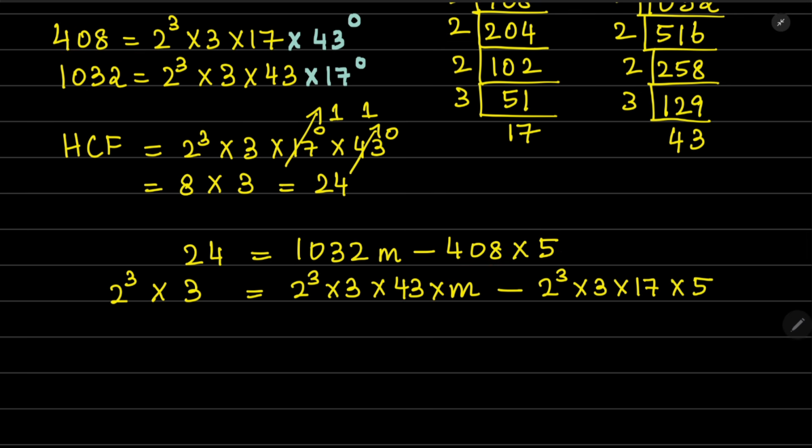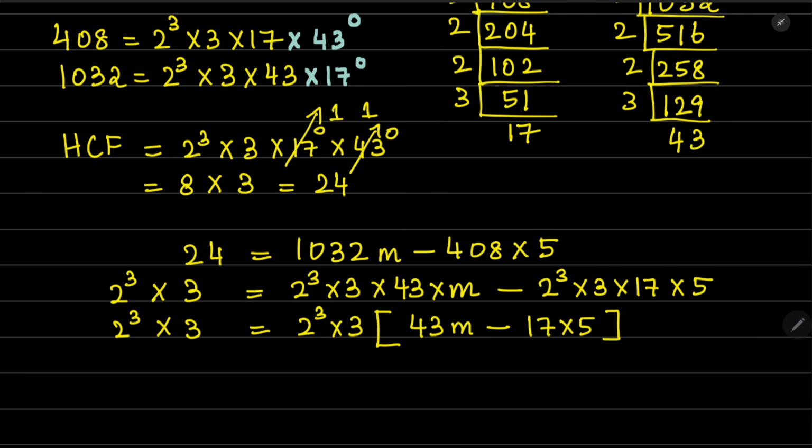From these two, I will take 2 cube multiplied by 3 out common. So inside I will have 43m minus 17 multiplied by 5. Here I will have 2 cube multiplied by 3.